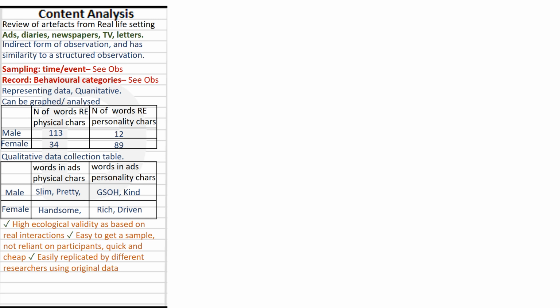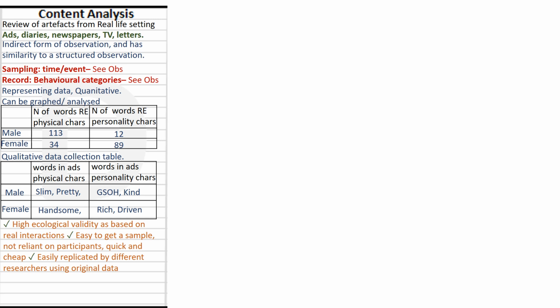Okay, so we've done our content analysis. What's good? What's bad about it? Well, because this has been created in the real world, because this is already pre-existing content, there aren't going to be any demand characteristics because the people making these didn't know they were going to be observed on the basis of them. And also these are people really interacting in real life to a certain extent. So perhaps we can say there's high ecological validity. The settings in which these were created were day-to-day settings. Also, it's very easy to get a sample.